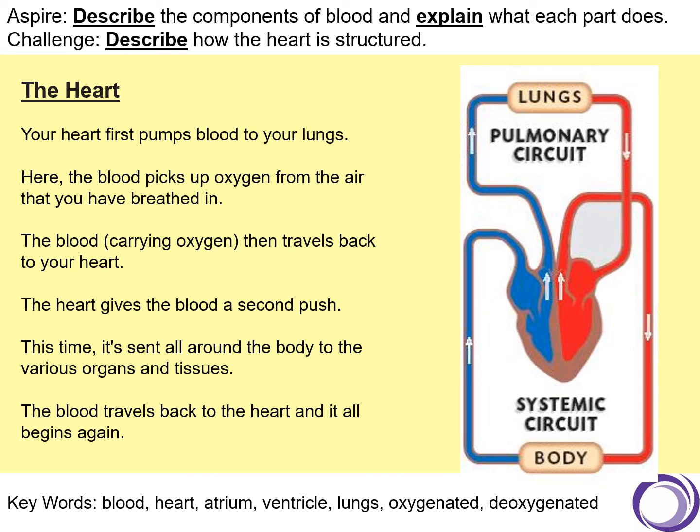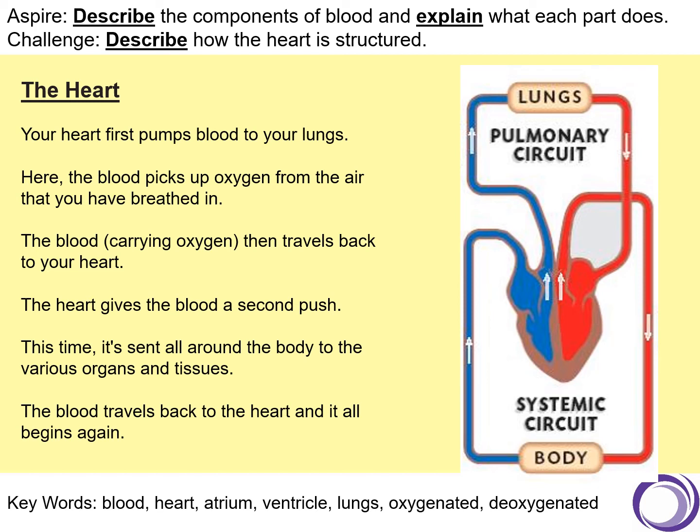So firstly, if we look at the diagram, on the blue side the heart first pumps blood to your lungs. And there, the blood picks up oxygen from the air that you breathe in. We now say that this blood is oxygenated. This blood, now carrying oxygen, then travels back to your heart.